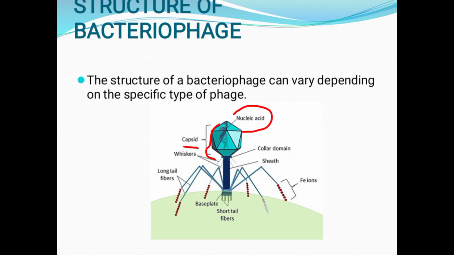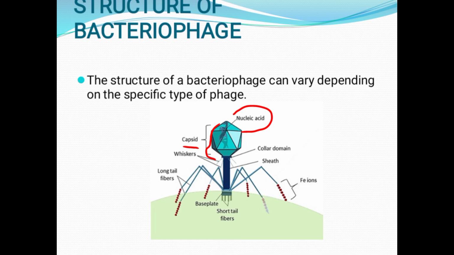The capsid encloses the genetic material within it. The nucleic acid is what the genetic material is composed of. The main function of this genetic material is to encode the instructions for viral replication and assembly.